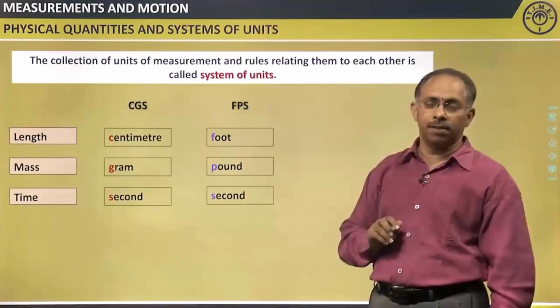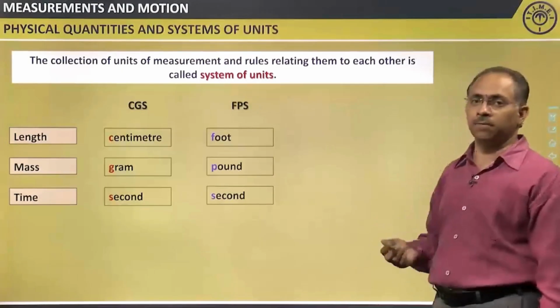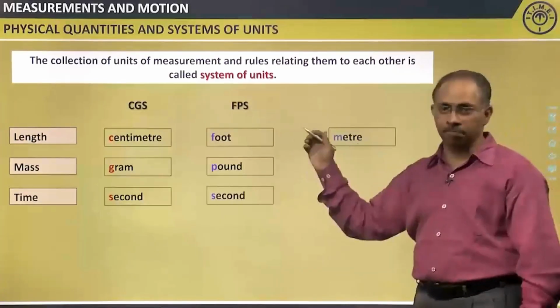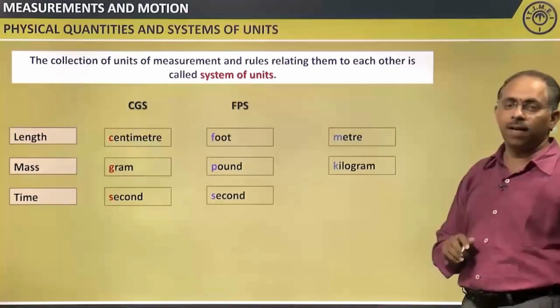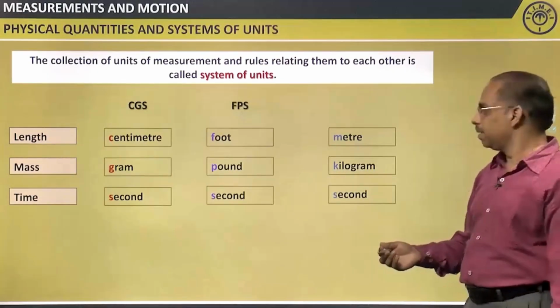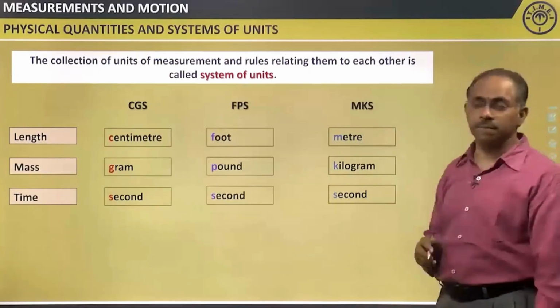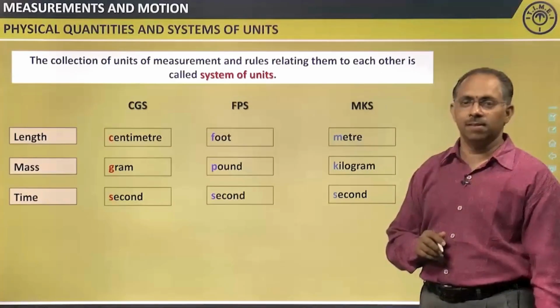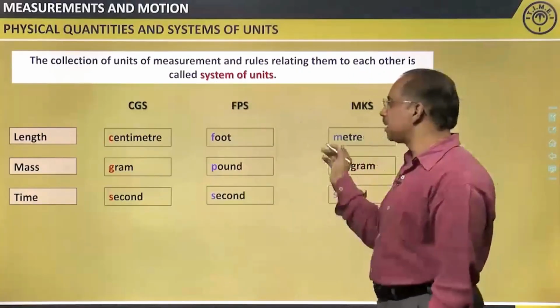Now, I have one more system of units where I measure length in meter, mass in kilogram and time in second as usual. This will be called, yes, you are right, the MKS system of measurement. Now, three different systems of units.